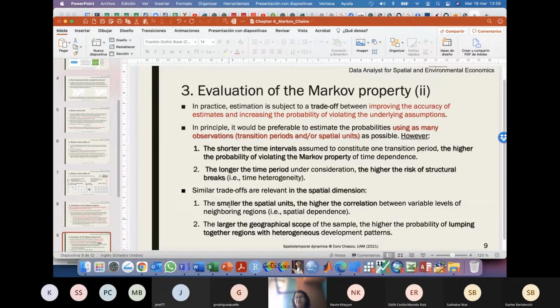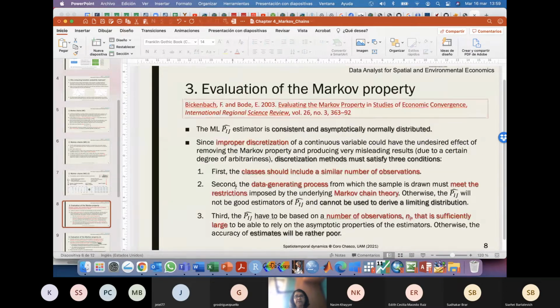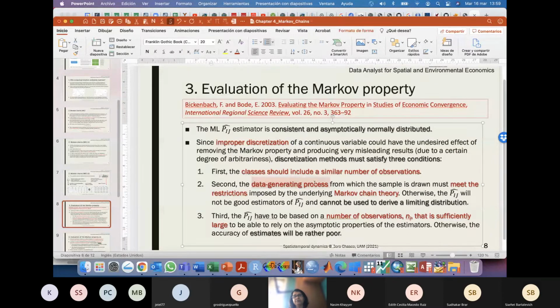But the larger the geographical scope, if I aggregate neighborhoods into districts or municipalities, the higher the probability of lumping together regions with a heterogeneous development pattern. So I will compute sums or averages that do not correspond to this very important thing we have here, the data generating process.